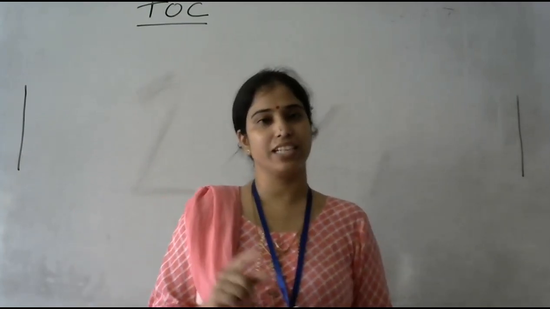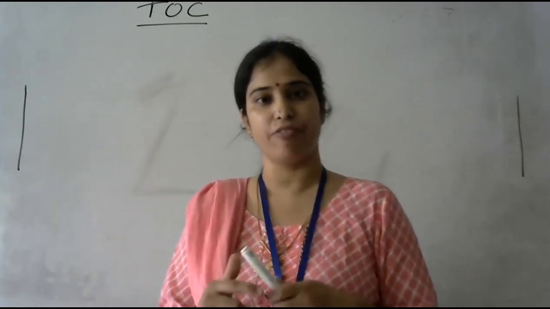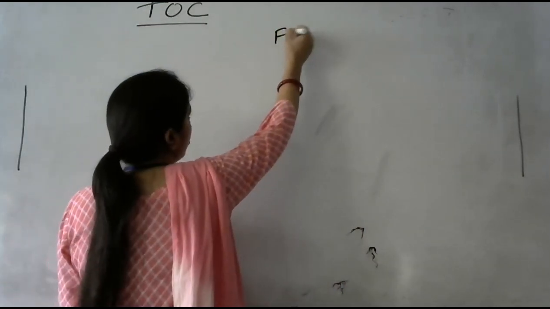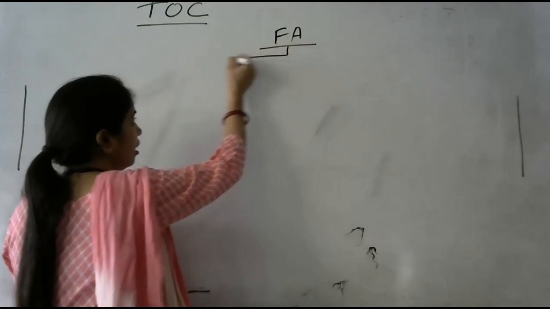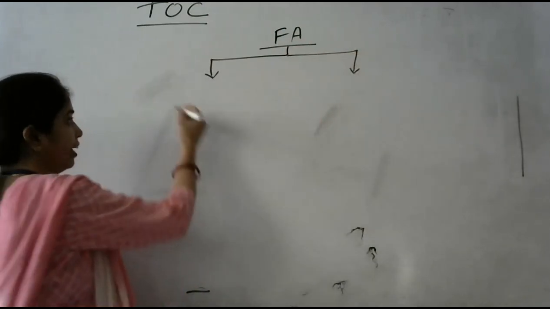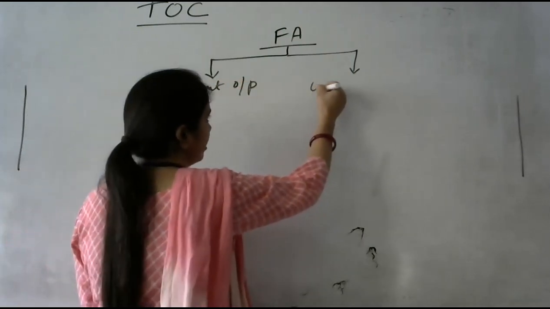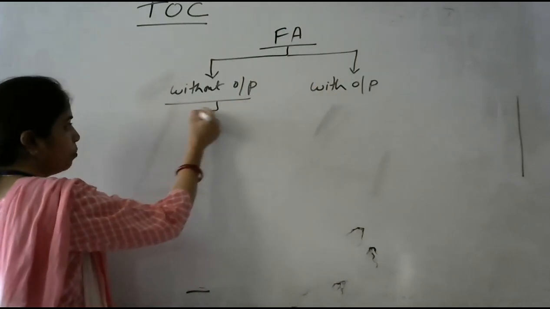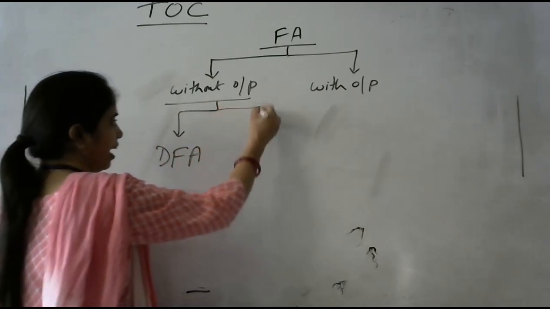In the previous lecture, I taught you how to design DFA. Finite automata is of two types: one without output and one with output. In without output, we have to study DFA and NFA.